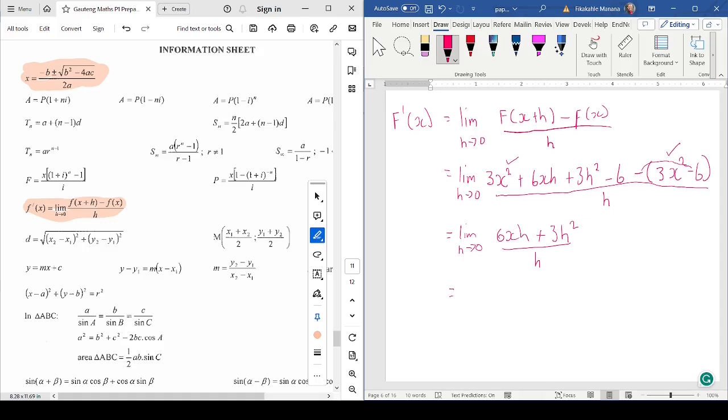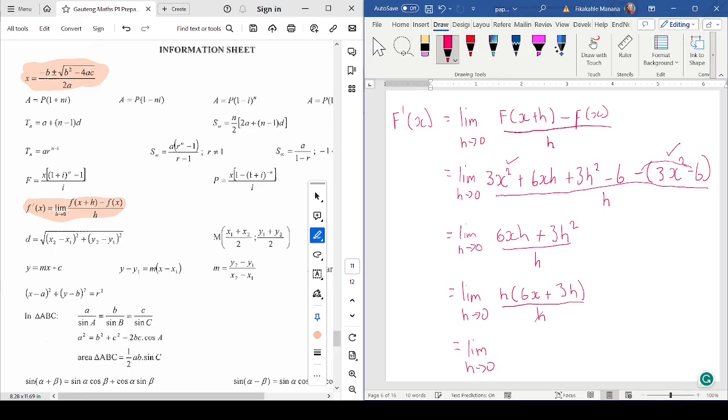So what I want to do now is factorize this. I look at the common factor, which is h. So I take h out, and then I'm left with 6x plus 3h, right? And then divided by h. Okay, so from there, I have the limit as h turns to 0.